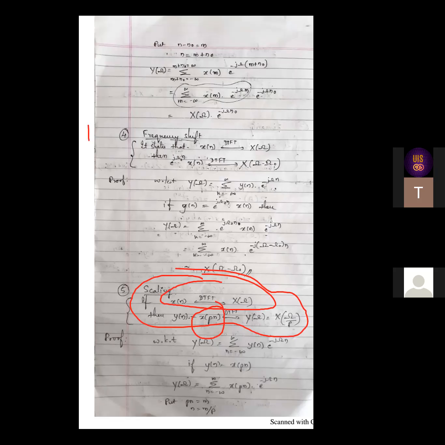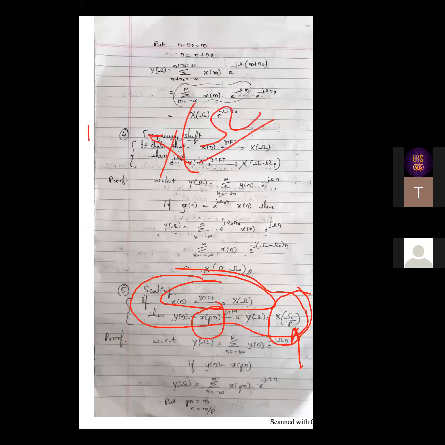If that is the case, then what will happen to your Fourier transform? Your Fourier transform will be divided by that integer value. So let us prove this property.